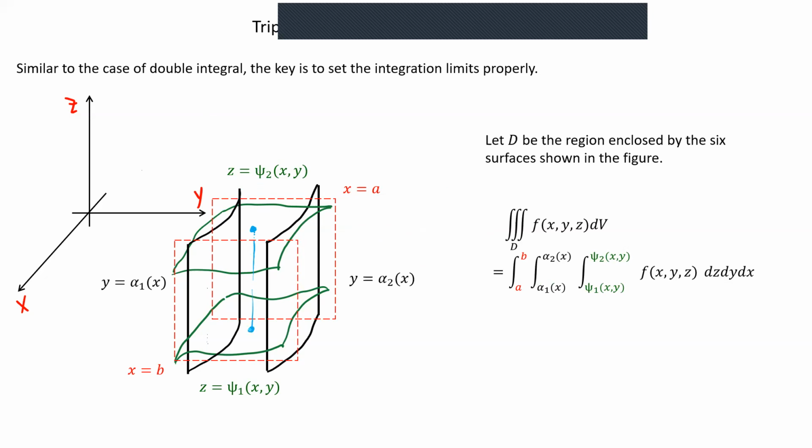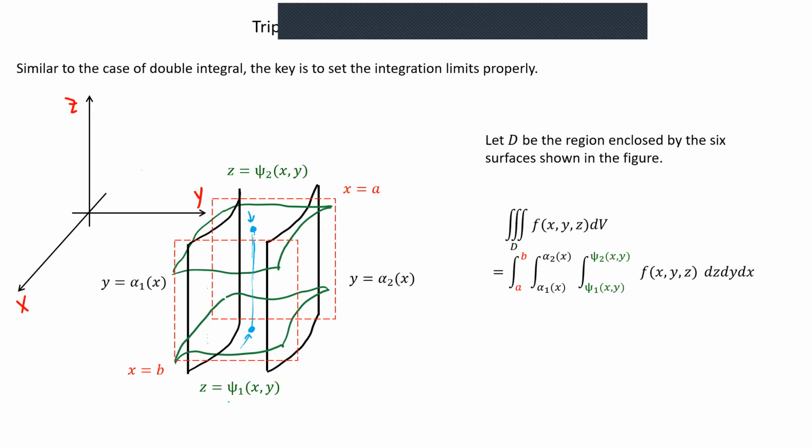And then the lower end of this vertical line would be a point on this lower green surface. So when we do this integration over this line, this will be my lower limit, this will be my upper limit.